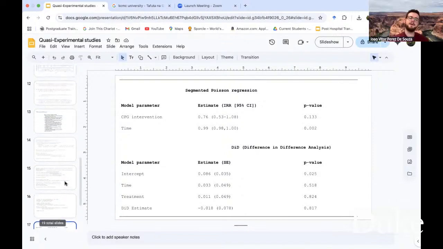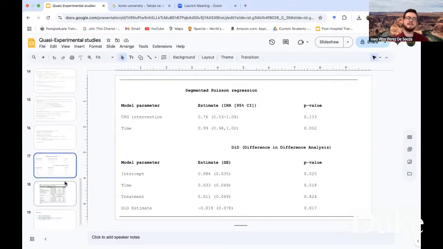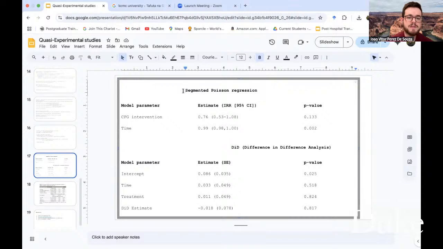Different from the model above, which is a segmented Poisson regression, this one gives you the raw value, so it's a direct increase in the rate, the one below, while in the top it's an incidence rate ratio, which is a bit different.